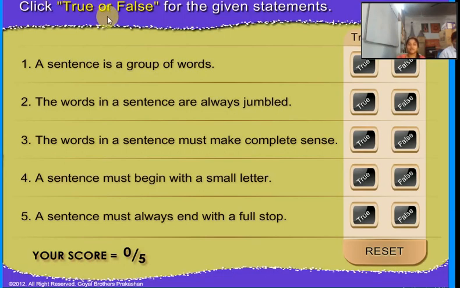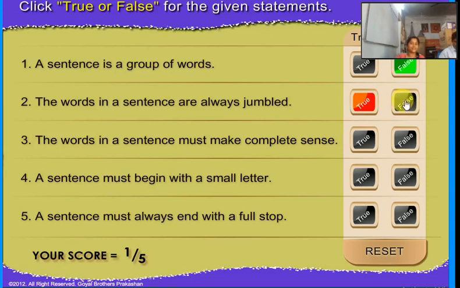Click true or false for the given statements. A sentence is a group of words. False. The words in a sentence are always jumbled. Okay, next.